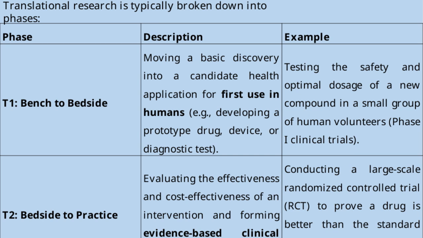Connecting this back to our overall theme, these phases are essential for translating scientific discoveries into real-world health solutions. They ensure that promising innovations are thoroughly tested and proven before becoming standard practice.